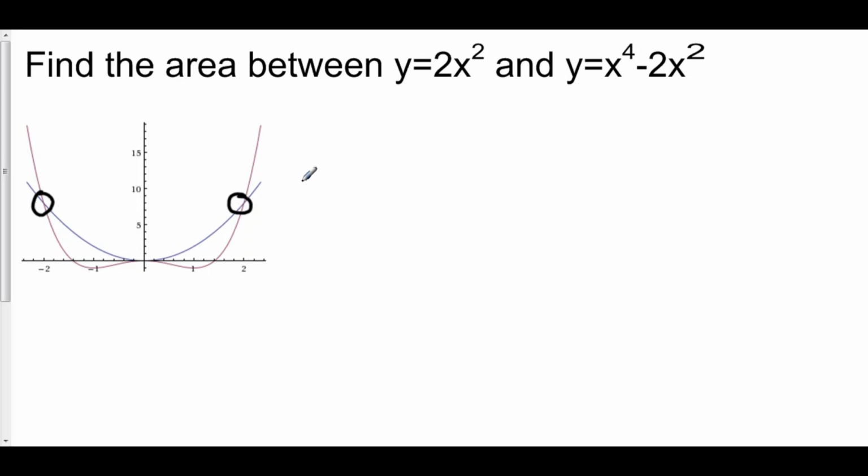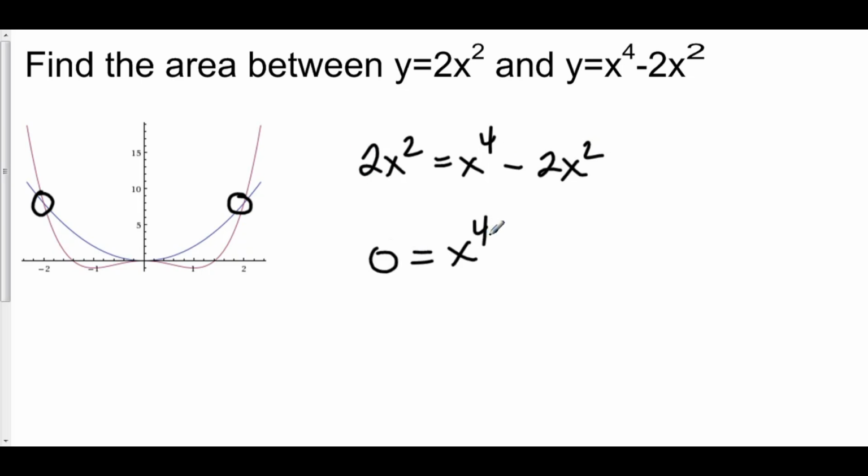So in order to figure out where these two graphs intersect, we can set them equal to each other. So here we have 2x squared is equal to x to the fourth minus 2x squared. We can get 0 on our left-hand side, so we have 0 equals x to the fourth, and we're subtracting, so minus 4x squared.